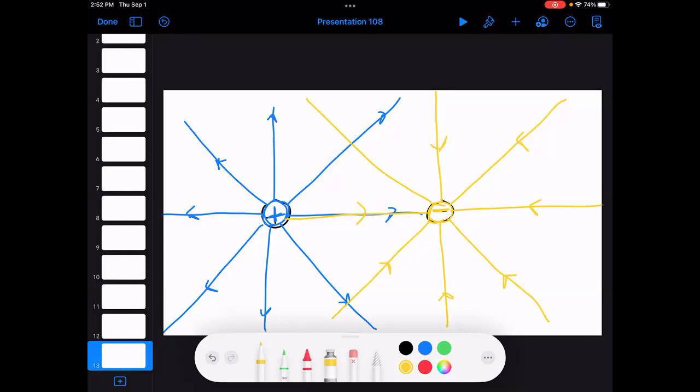Yes, and let's talk about those lines crossing, because that can't happen, right? We need to think about what's going to happen when this yellow line and this blue line add together. So just like any other arrow, we're going to add it like a vector. We have a blue vector going up and to the right. We have a yellow vector going down and to the right. So what's going to happen to the ups and downs of this?